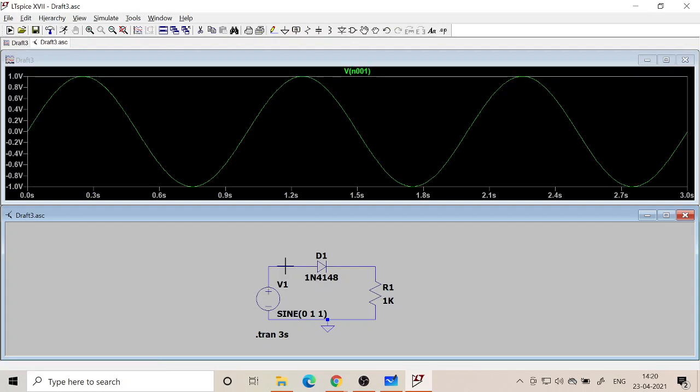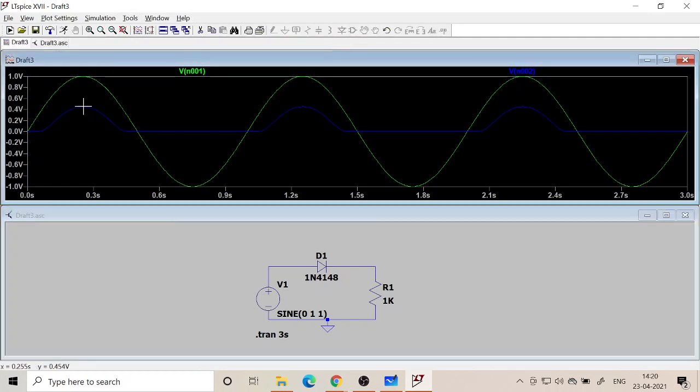This is one way, and the other is you see the output. The difference between the input and output voltage, at any point, say at the peak. If you look here, this is about 0.4 and a little bit more.